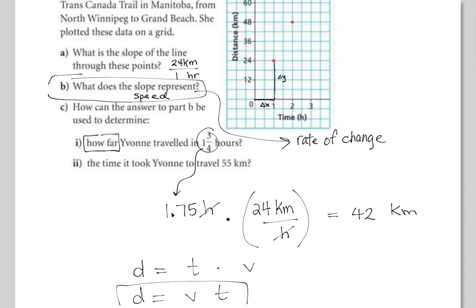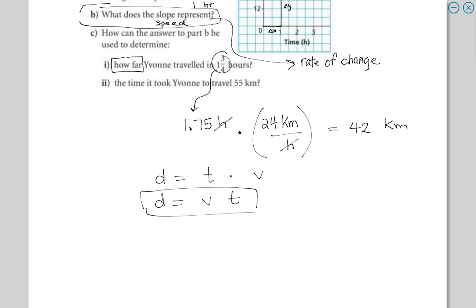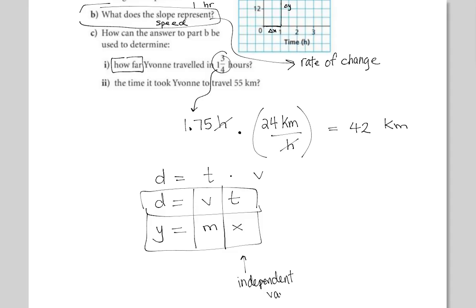And then how does this connect to the math class? Well, this would be your y-axis. This is your slope, and this is your independent variable. Oh, I can't spell today. Independent variable. Dependent variable.